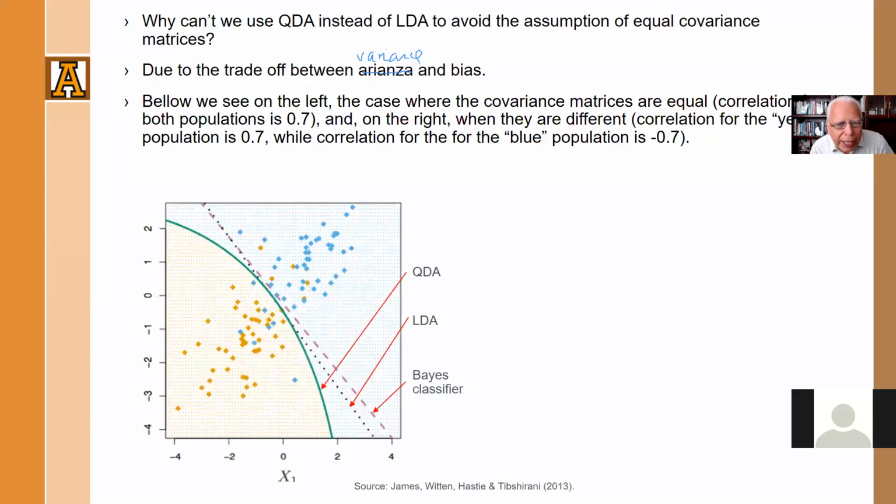Here on the left, we have a case where the data is simulated from two normal distributions, with both variance covariance matrices the same. If you look at the distribution of the blue data points, it looks like this, and the distribution of the yellow data points looks more or less like this.